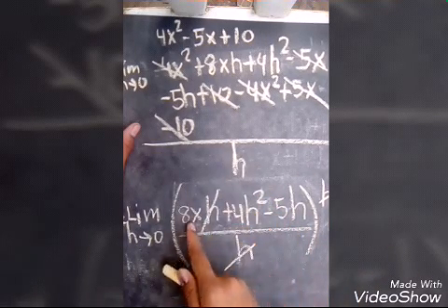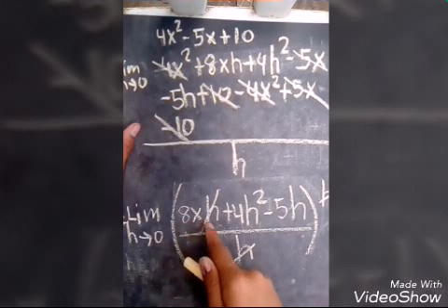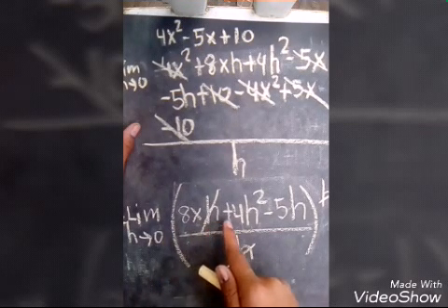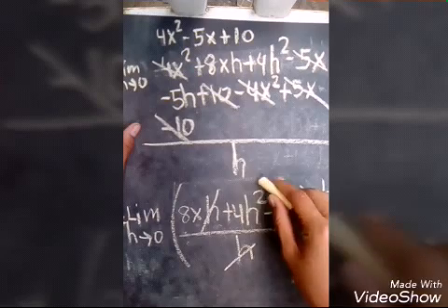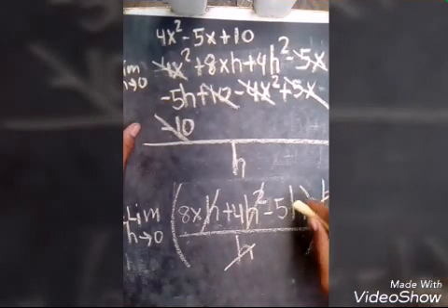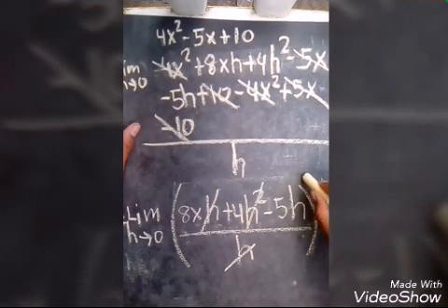So cancel the h of 8xh and the h of 4h squared minus 5h. We need to cancel out the h of this term.